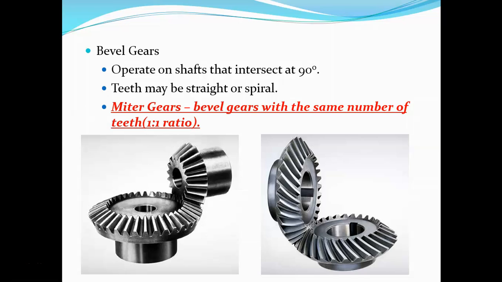And the only advantage of this is changing the direction of your shaft. Instead of going vertical, you can now change it to horizontal, and you're going to maintain the same speed and output at the end. And the picture on the left, you're going to have a difference in speed because you have two different gear sizes.